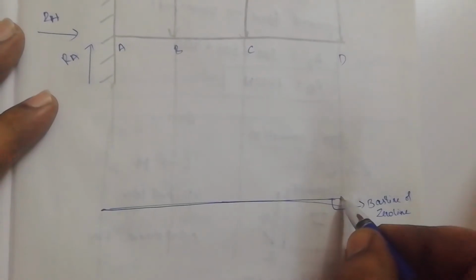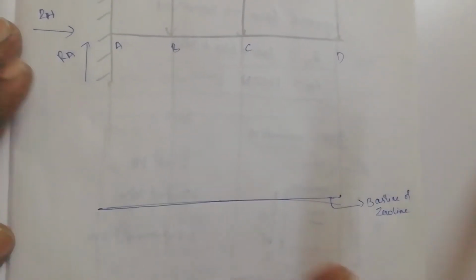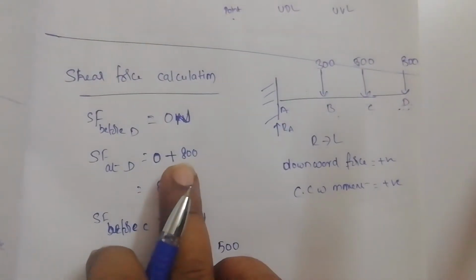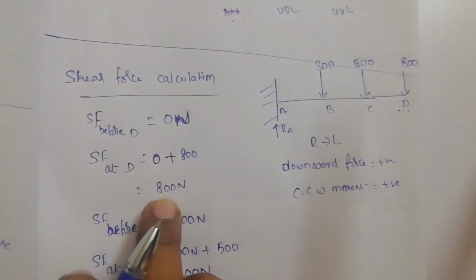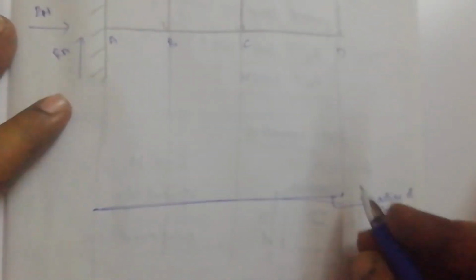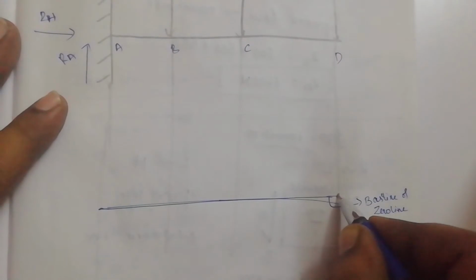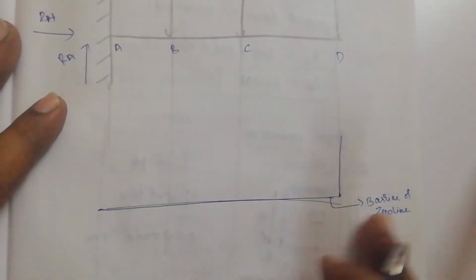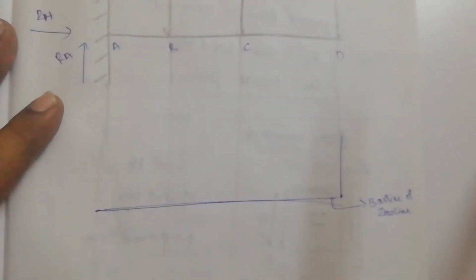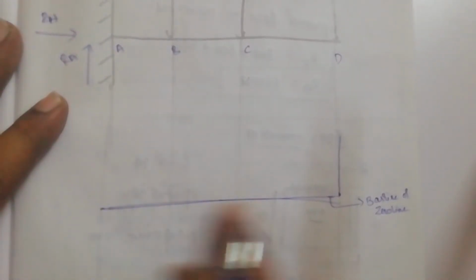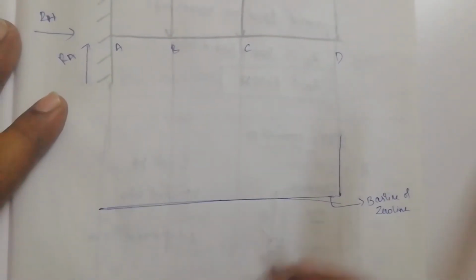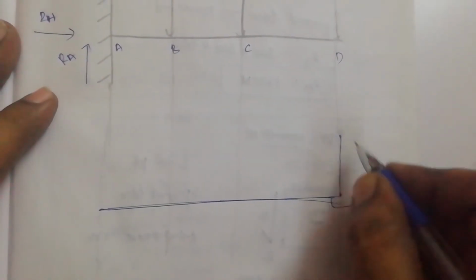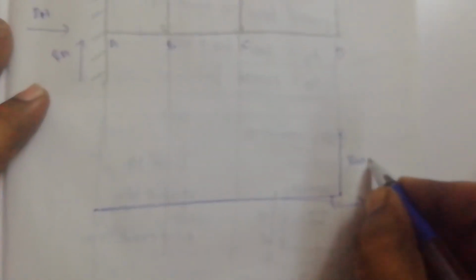So at this point D, let us see. Before point D, what is the value? 0. At point D it is 800, in the positive direction. Positive means you have to go up, since this is a general coordinate axis: if this is the origin, upside is positive and downside is negative. So I have moved a distance of 800 newtons.